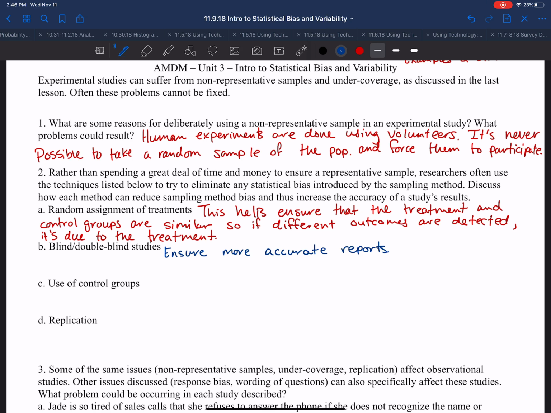Okay. Patients can sometimes inaccurately report on their improvement.